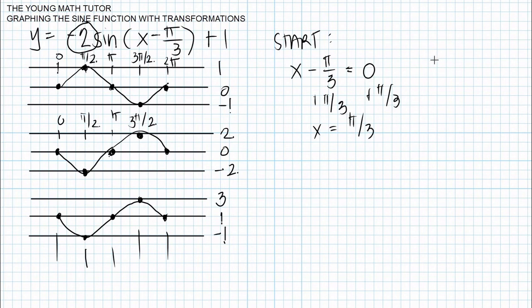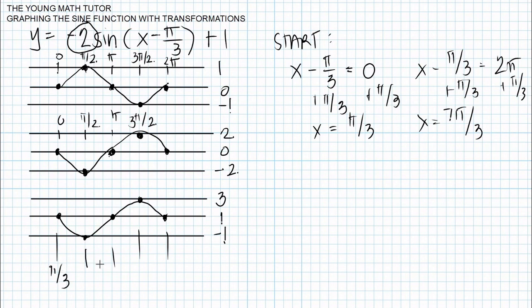So it will end at 2 pi, so that's x minus pi over 3 equal to 2 pi. So if we add pi over 3 to both sides of the equation, that will become 2 pi plus pi over 3. If you convert it with the denominator of 3, that will become 6 pi over 3 plus pi over 3, that will become 7 pi over 3. So that means one period ends at 7 pi over 3 and it starts at pi over 3.